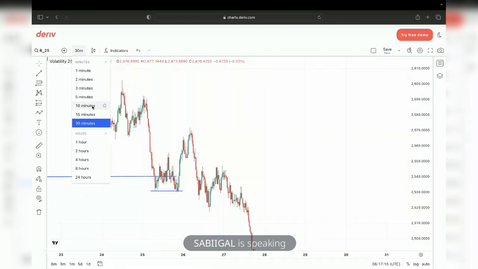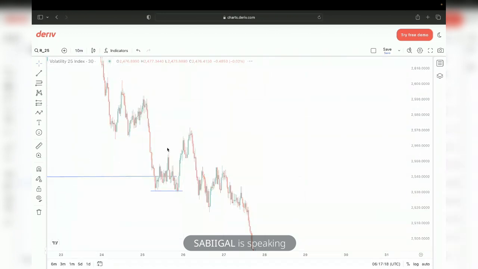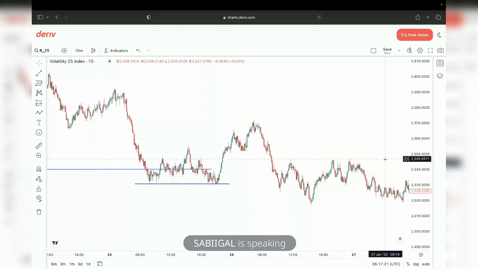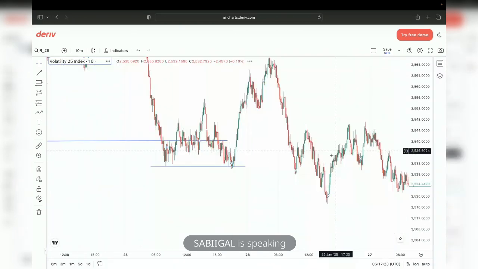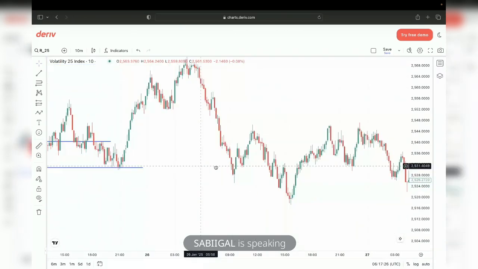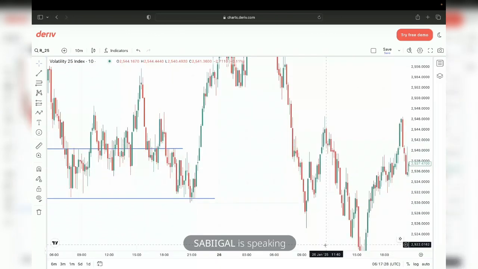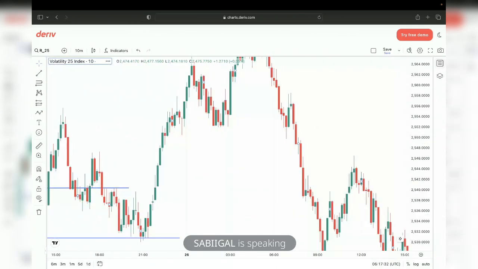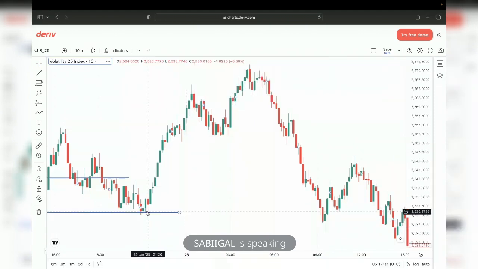You can use the 10 minutes or the 5 minute time frame to look for a demand zone, like the last bearish candle. Since it's an uptrend, the last bearish candle before a series of bullish candles.